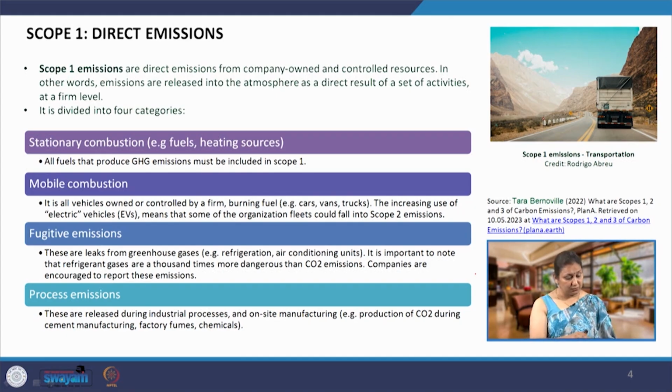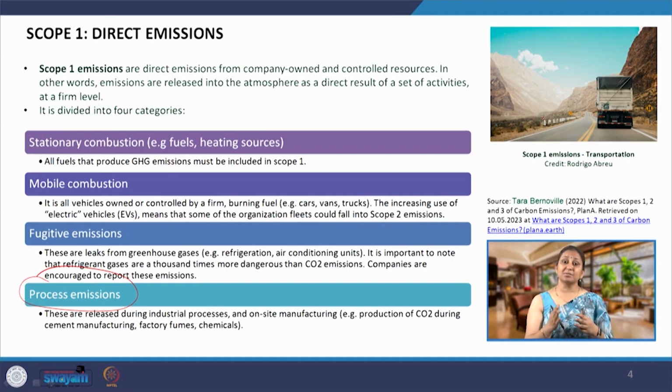The first one, which is actually mentioned here as 4th, is what I will tell you first here, and this is the easiest to understand. These are the process emissions. Processes, for example, we have an industry, we are manufacturing any product, maybe some chemical products, we are processing food, we are making fabrics.